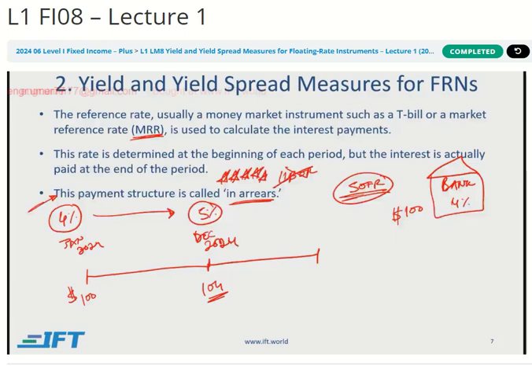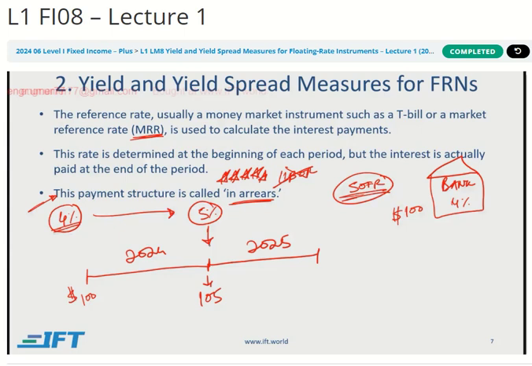Now, what students would do is say, okay, 4% is the rate for 2024, right? And this is the 2024 year, and let's say this is the 2025 year, and 5% is the rate for 2025. And when they have to calculate the amount, they end up using the 2025 rate. They just make that mistake, right?